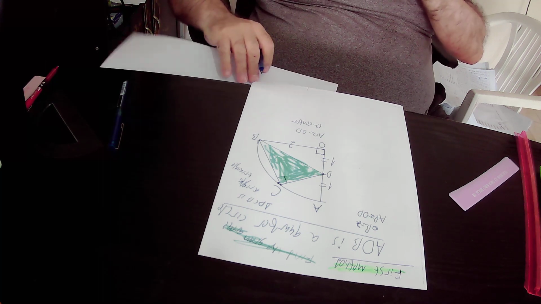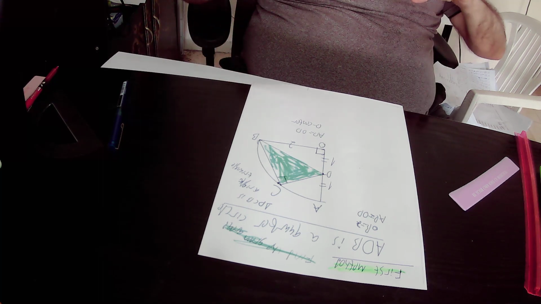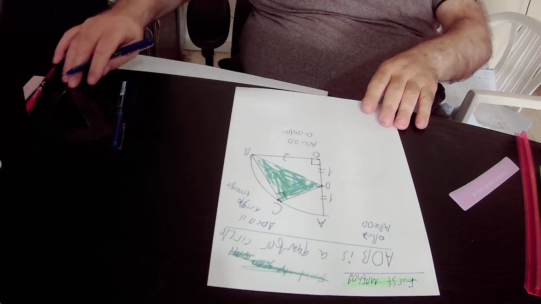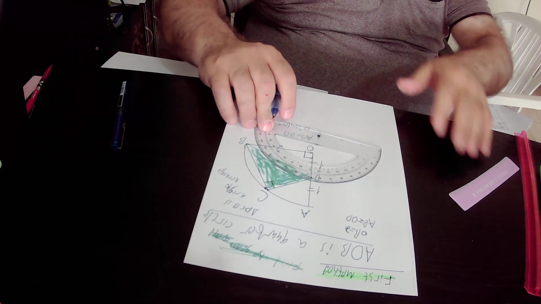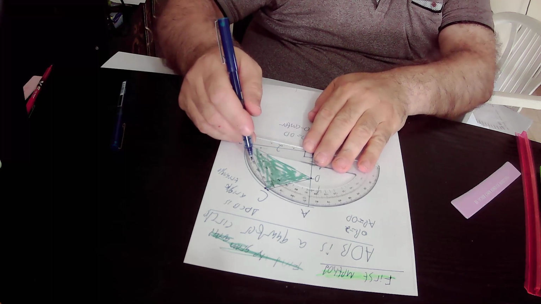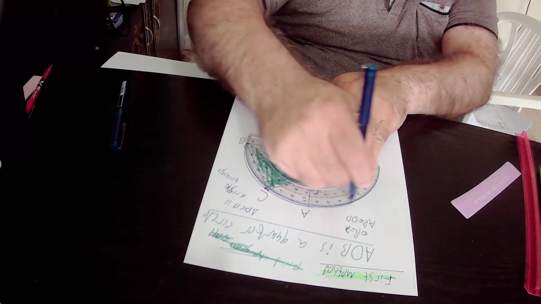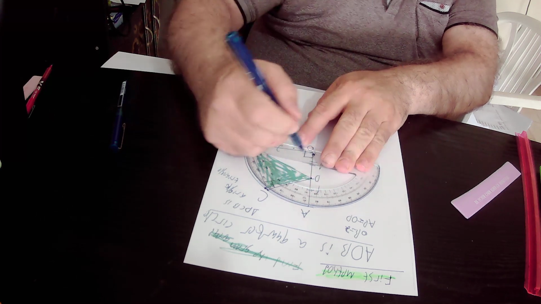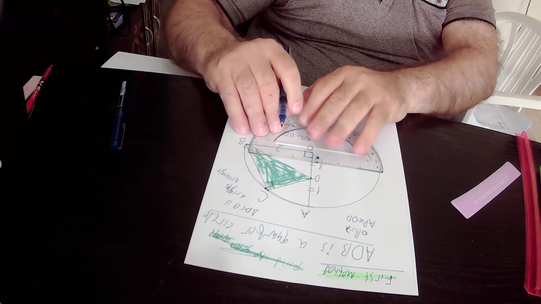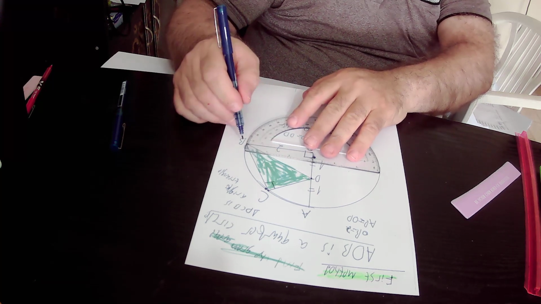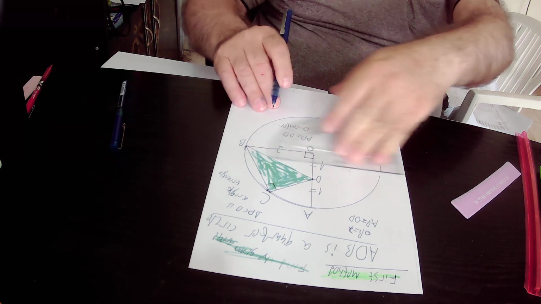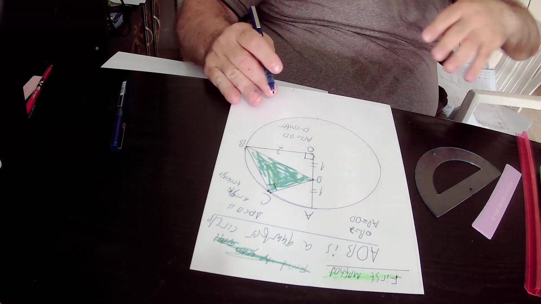And here we will complete the quarter circle to a circle. Here we completed the quarter circle to a circle.